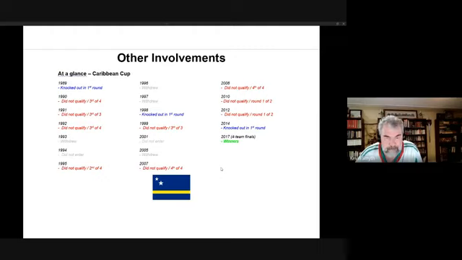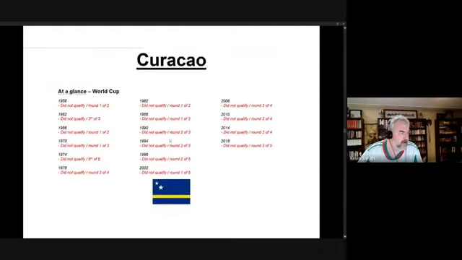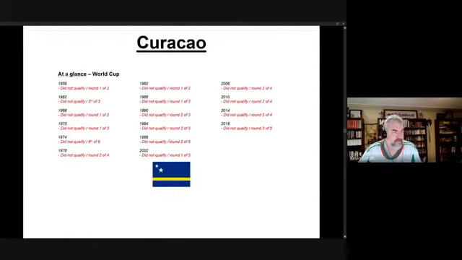And they have only entered the World Cup qualification consistently since 2007. But I think they'll be regular entrants now. Let's go back to their World Cup record. It's pretty impressive in terms of consistency, at least, Connor.